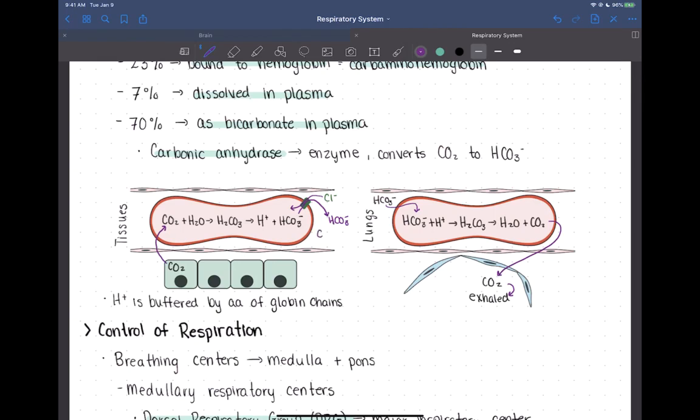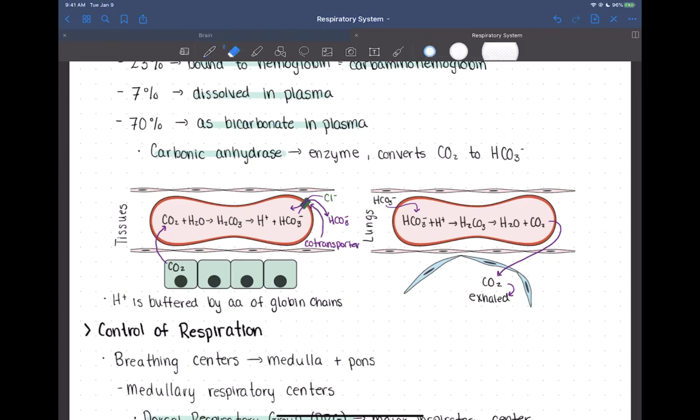And then this, I'll just add this in here, the co-transporter for our bicarbonate and chloride. You can also call it an exchanger since they're moving in opposite directions.